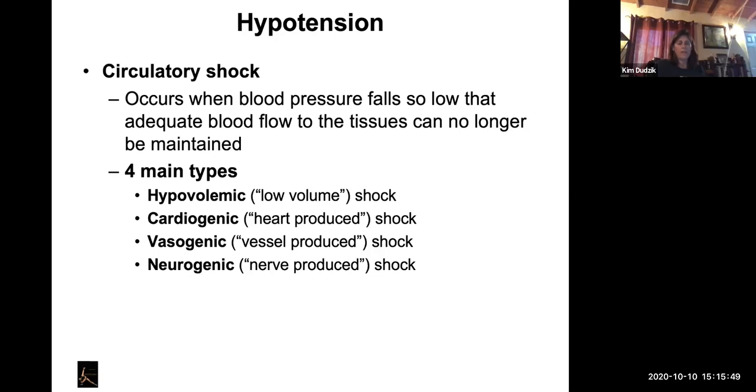You probably need an IV. Cardiogenic shock is when the heart isn't functioning properly. That could be due to congestive heart failure. We talked about that already. People who are at high risk for congestive heart failure are people who are 65 and older, African Americans, people who are overweight, or those who have had a heart attack.